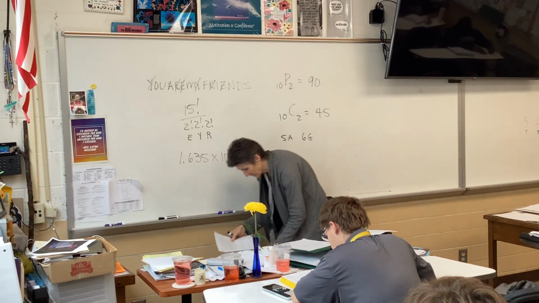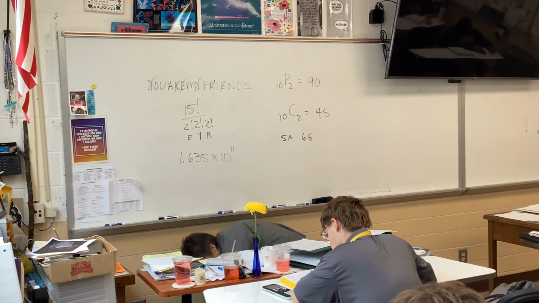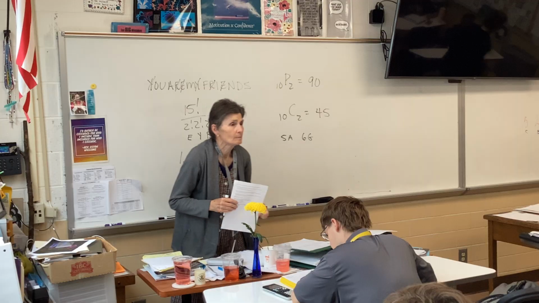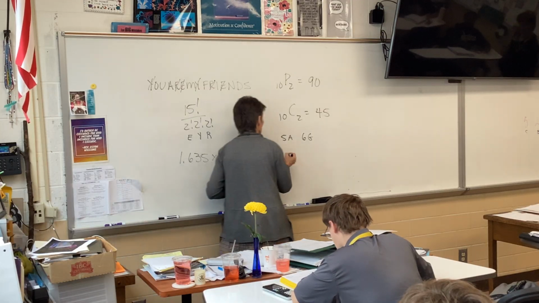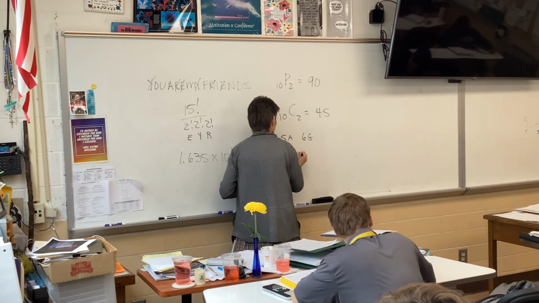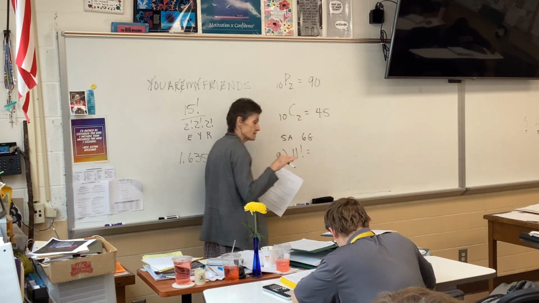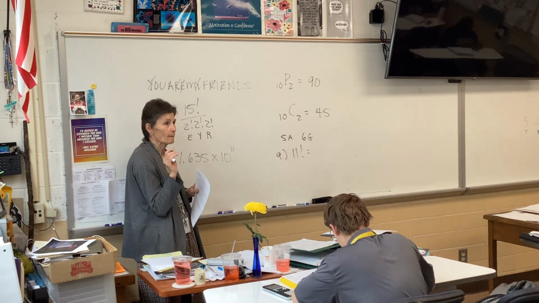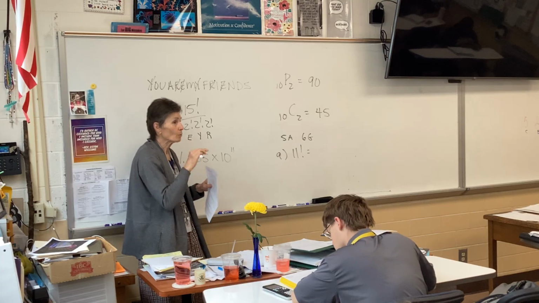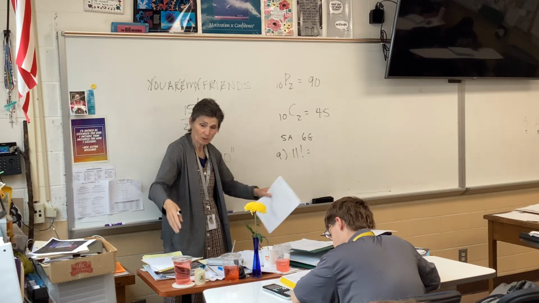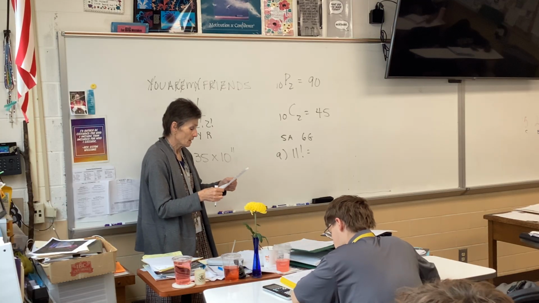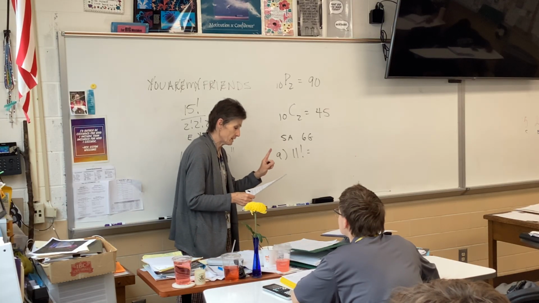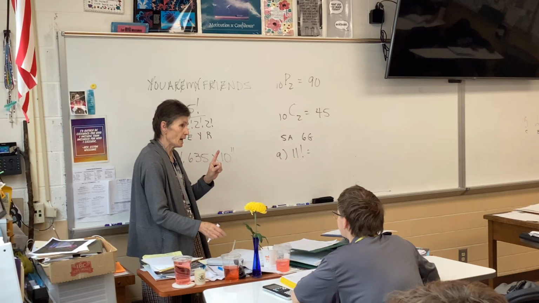How many ways can I arrange these books on the shelf? No restrictions. Just put them on the shelf. 11 factorial. So A is 11 factorial, whatever that is, that's a big number. I just got this pile of books, I'm putting them on the shelf. 11 factorial. The books are all different, but I gotta organize them.